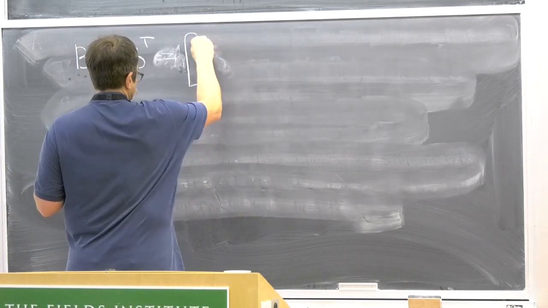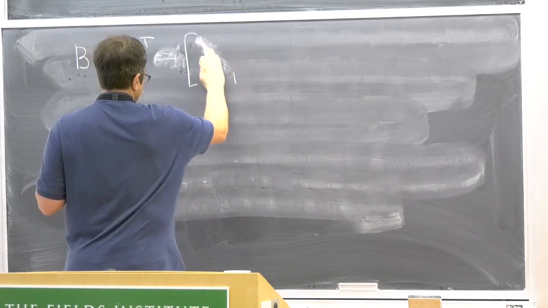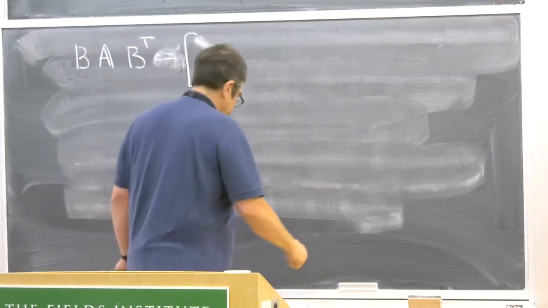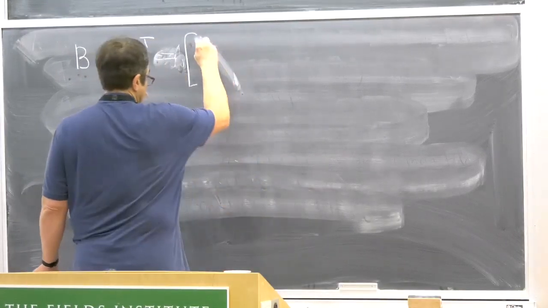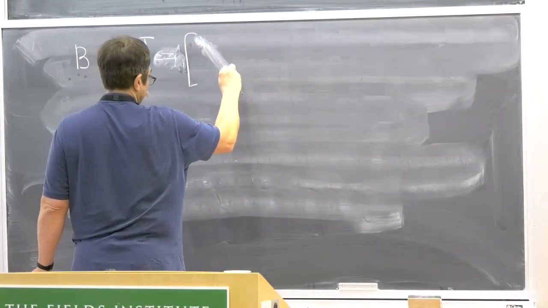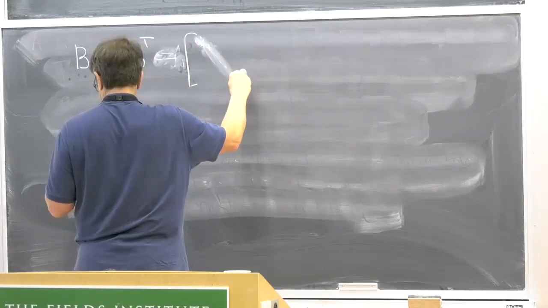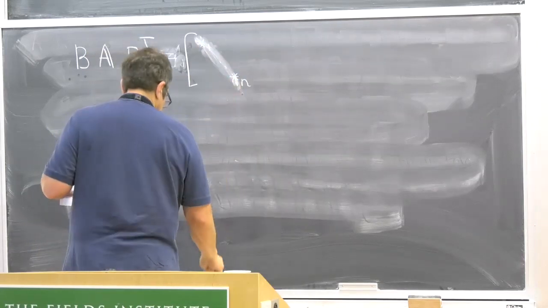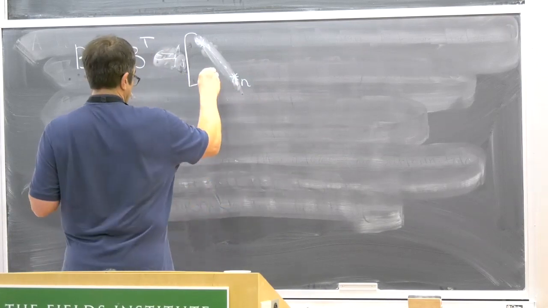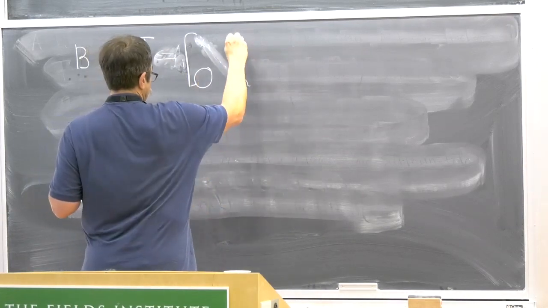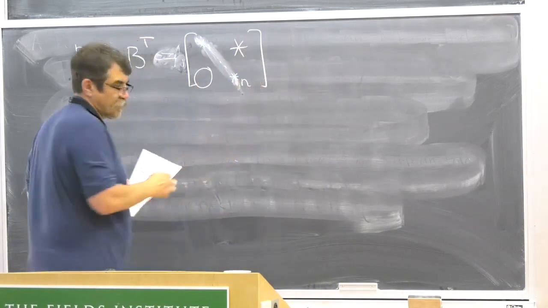In principle, we know that it has units here, but for a second, I replace these units by some symbols that I haven't fixed yet. Some non-zero numbers. That's the only condition that I require. Here we have zeros, and here we have anything.